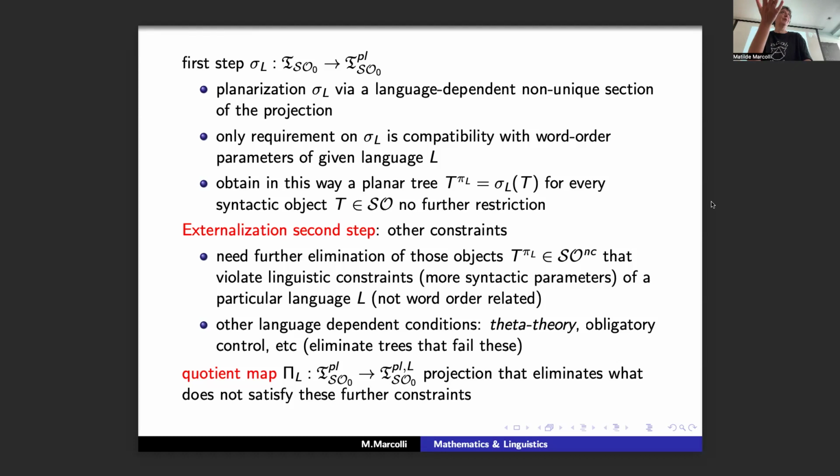All of them could be represented, and there's no reason why one of them would be a more natural default, or the ground state, with the others being excited states. They're all somehow equivalent. But for other syntactic properties, it's more natural that they have a default: something is possible in a language, but in certain languages it's not.